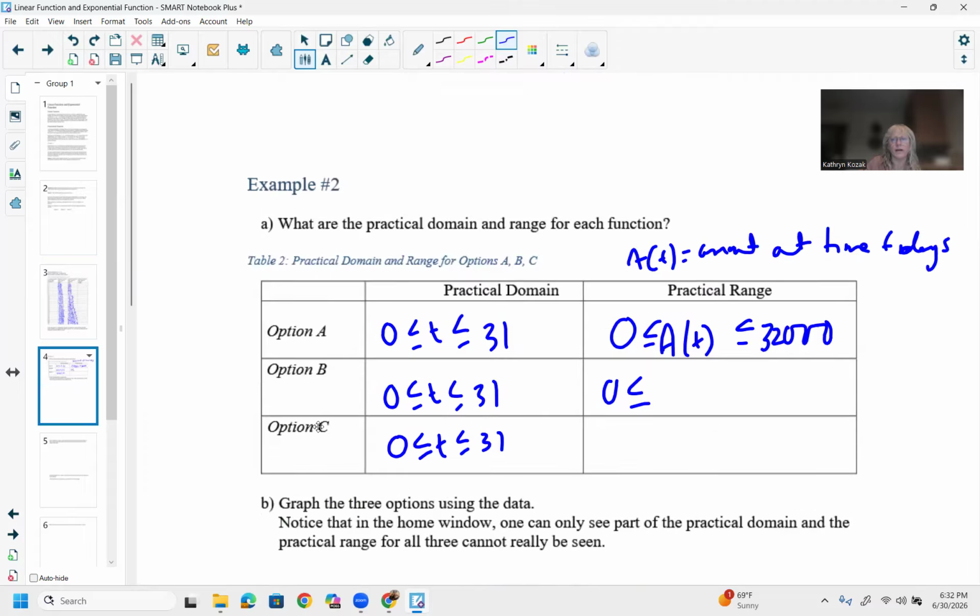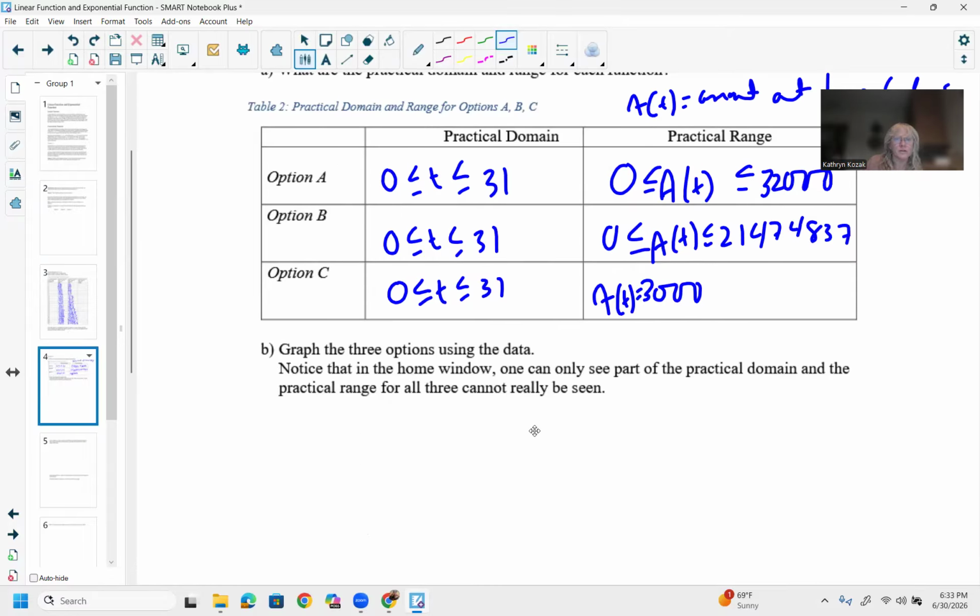So we're saying 21 million, 474,837, let's call it. And for option C, your practical range was just that one value. So it was just 30,000. So there's really nothing more to do there. A of t is just 30,000. There is nothing more that will ever happen with that.